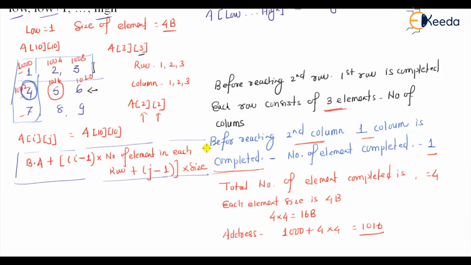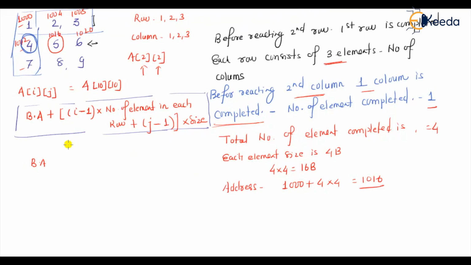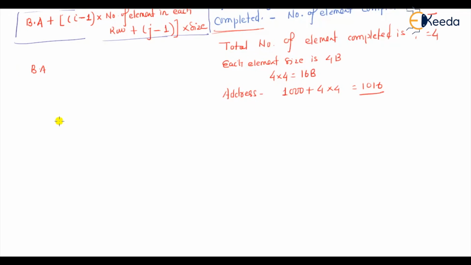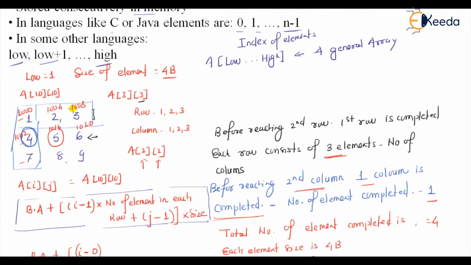Now, had the lower bound been 0, in that case this formula will be different. And I can rewrite as base address plus, here in this case, it will be much simpler. I minus 0, it will be there. Okay, so if you're in the first row, now just look at here, that if you are talking about this array and this lower bound is 0, then this particular value will be what? A11.